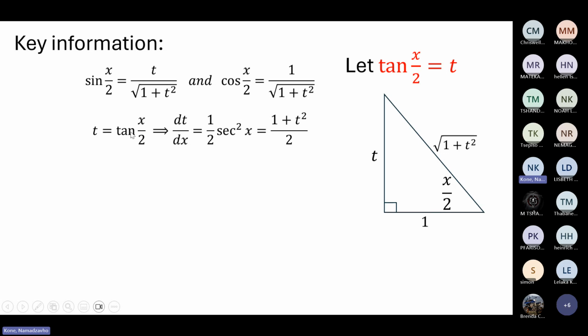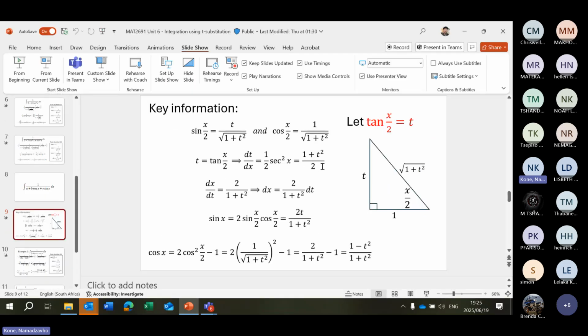Then the derivative of tan becomes sec squared. And I have made a mistake here. It is supposed to be sec squared of what? x over 2. Let me correct this mistake right now before we continue.